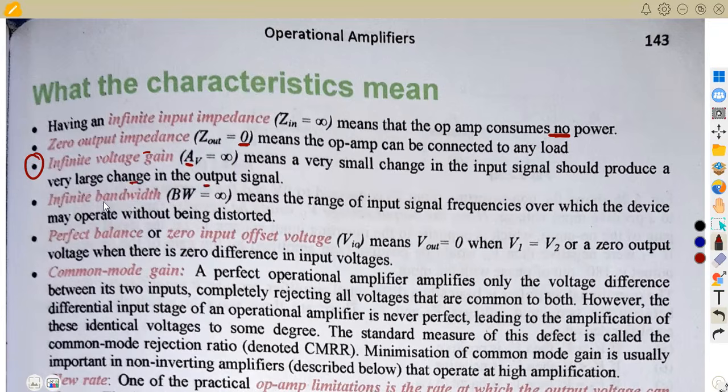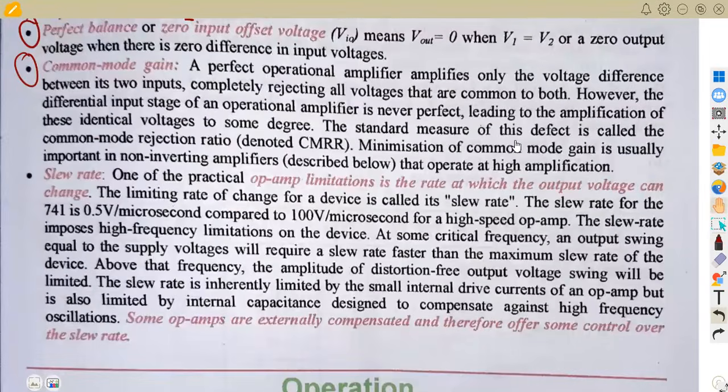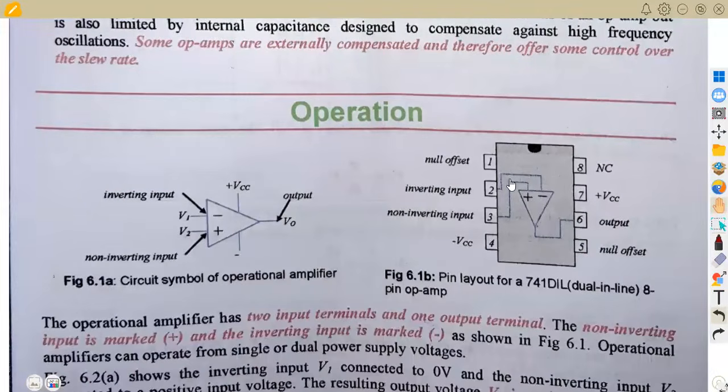Then we talk about the infinite bandwidth, whereby it means the range of input signal frequencies over which the device may operate without being distorted, that is without giving false information from what you are supposed to be having. Then we talk about a perfect balance, the common mode gain. So I just want you to go through each and every part so that you understand your operational amplifier.